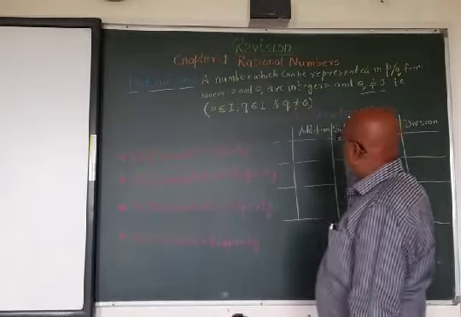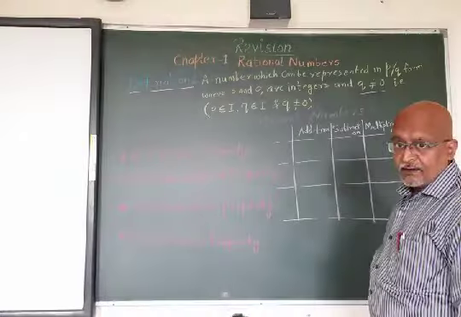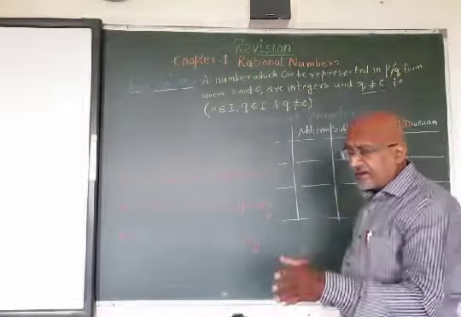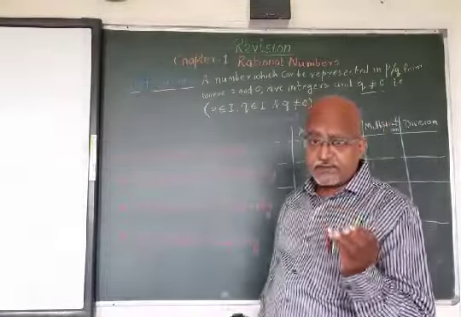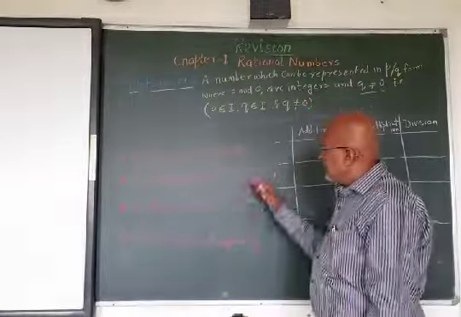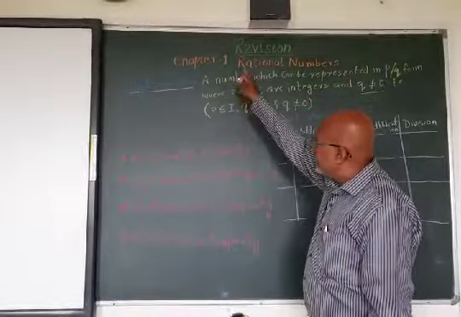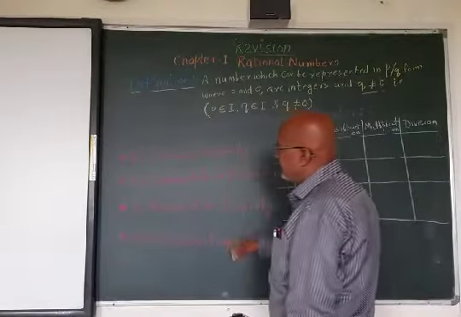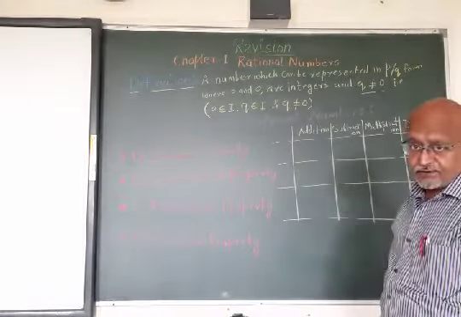Properties of rational numbers. Now in short, we are considering that you know all the properties of integers, whole numbers, etc. Here we are just discussing the properties of rational numbers. The first property is closure property.